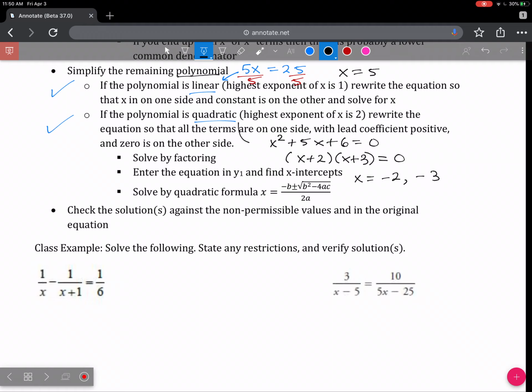Those would be the solutions if that polynomial came out. And at the bottom of your formula sheet, you also have the quadratic formula, which will help you if you're working with quadratics, if you don't want to factor. So you can always use the quad formula if you don't want to factor. And then the final step is make sure you check that solution against those non-permissibles like I mentioned.